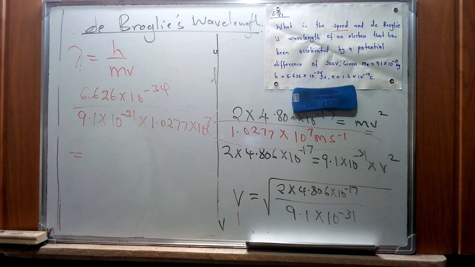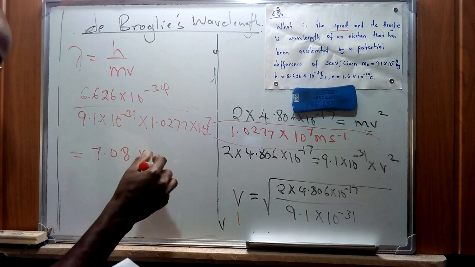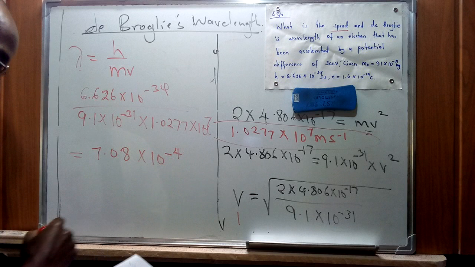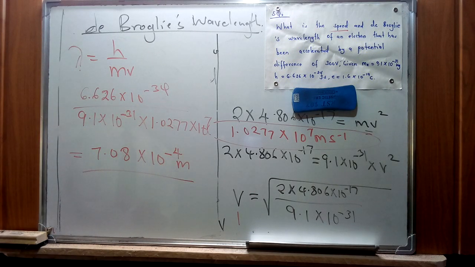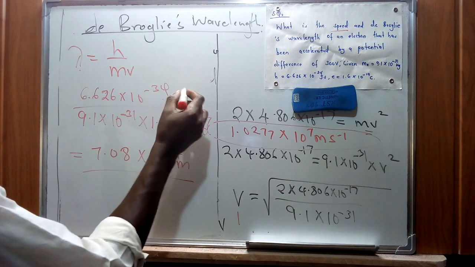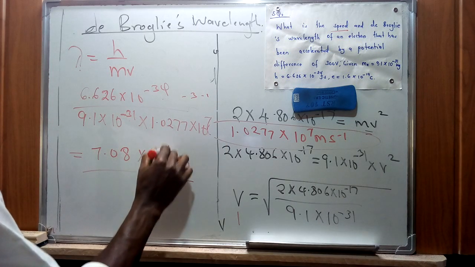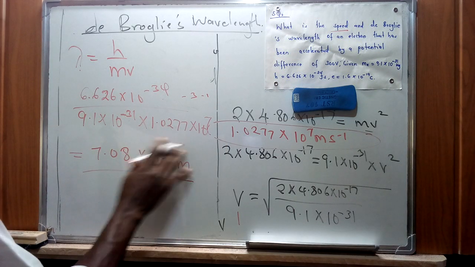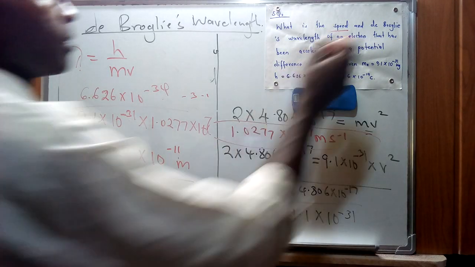This is going to give us 7.08 times 10 negative 11 meters. This is the de Broglie wavelength for this particular electron, which is the second part of our question.